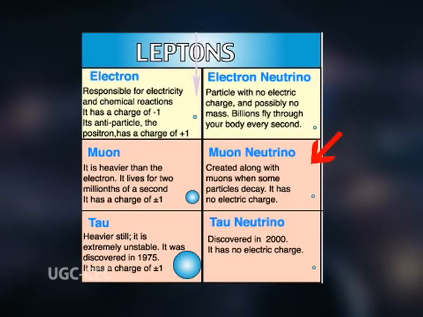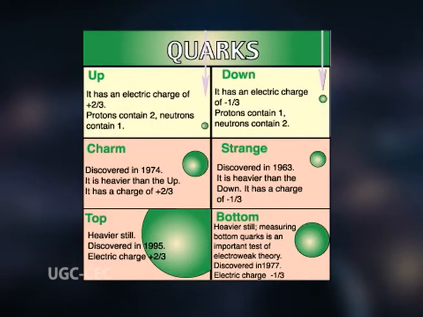The most familiar lepton is the electron. The other 5 leptons are the muon, the tau particle, and the 3 types of neutrino associated with each: the electron neutrino, the muon neutrino, and the tau neutrino. The 6 quarks have been whimsically named up, down, charm, strange, top or truth, and bottom or beauty.